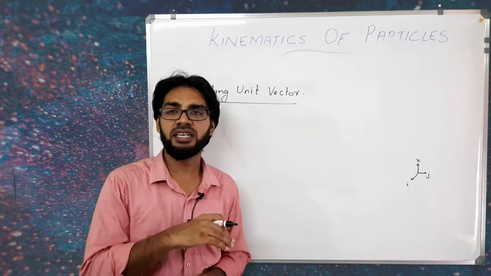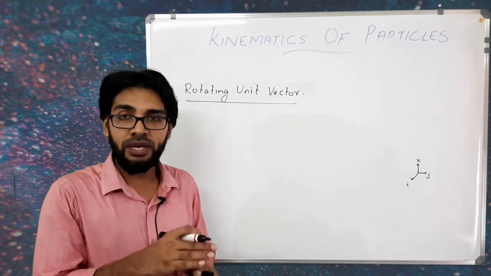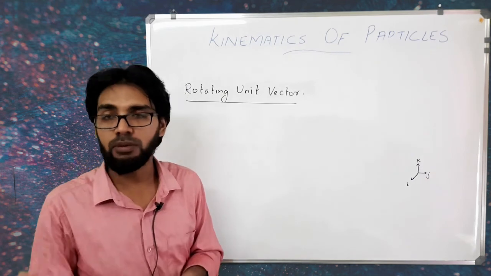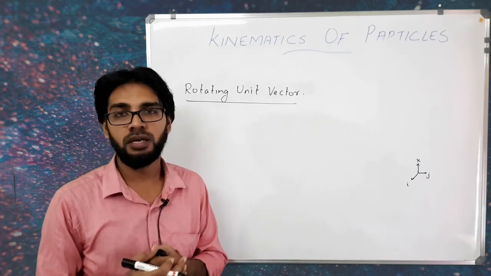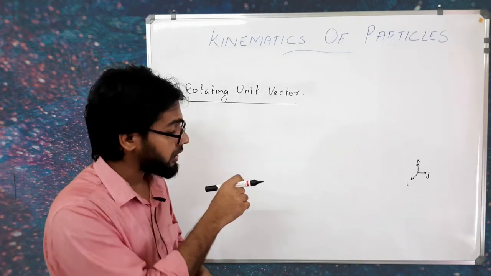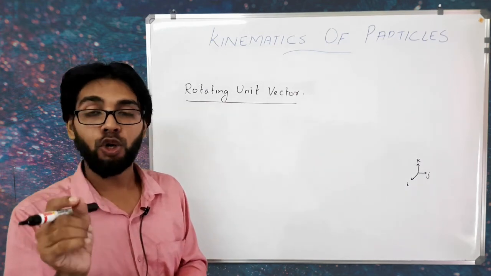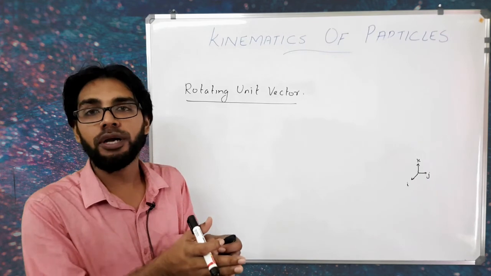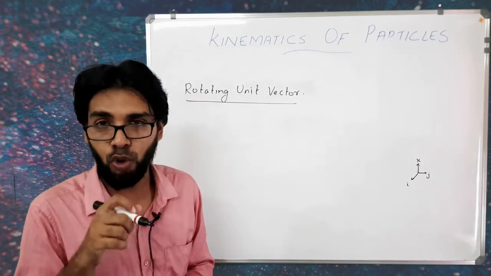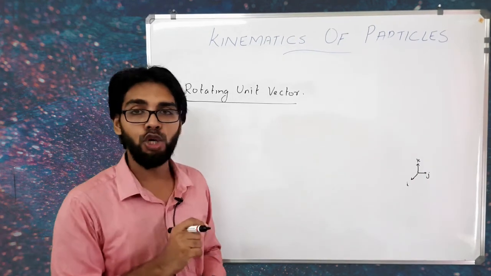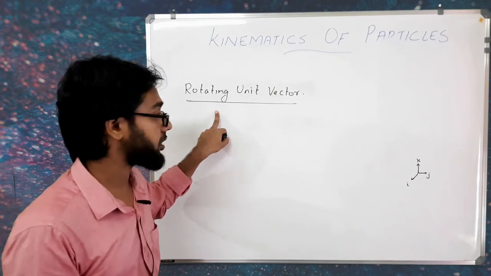However, in certain other coordinate systems such as the cylindrical coordinate system, the unit vectors that are used to describe the motion of a point rotate as the point moves. I would repeat, the unit vectors used to describe the motion of a point rotate as the point moves. So to obtain the expressions for the velocity and acceleration in such coordinate systems, we must first know the time derivative of a rotating unit vector.